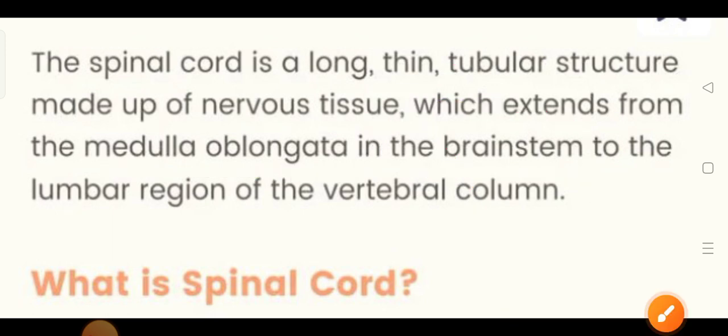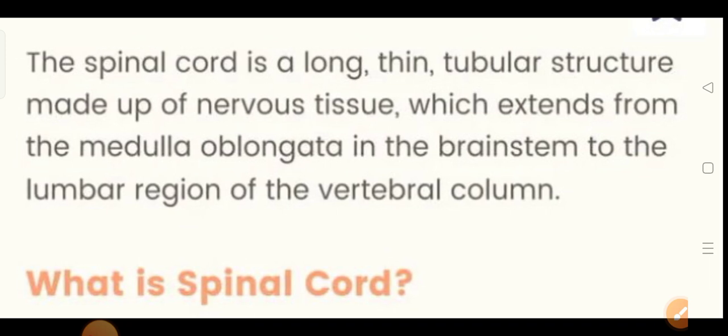This is a very important introduction that you have to write. Long, thin, tubular structure made up of nervous tissue, extending from the medulla oblongata in the brainstem to the lumbar region of the vertebral column. This is the spinal cord.